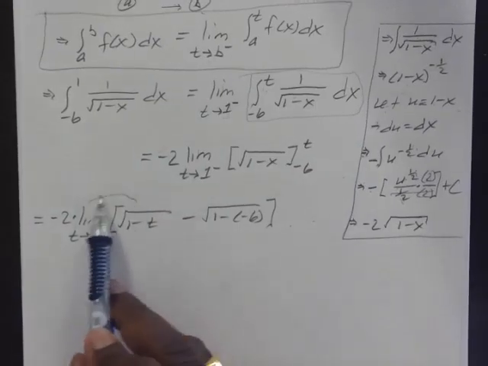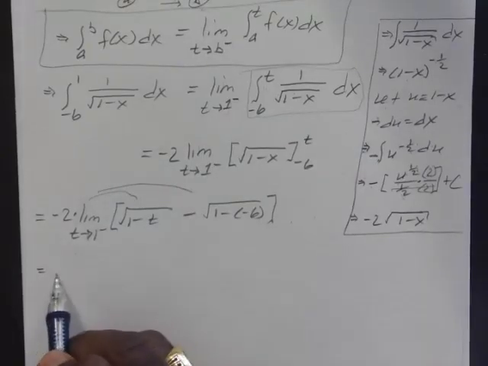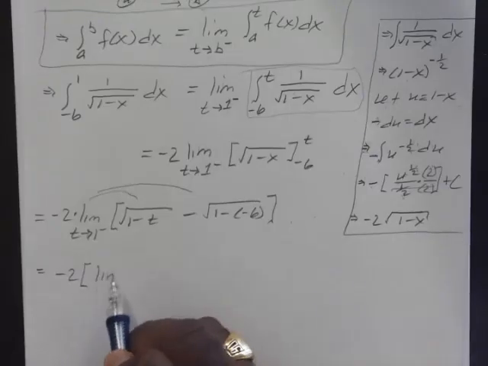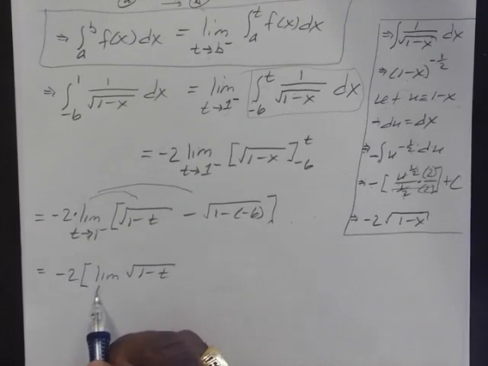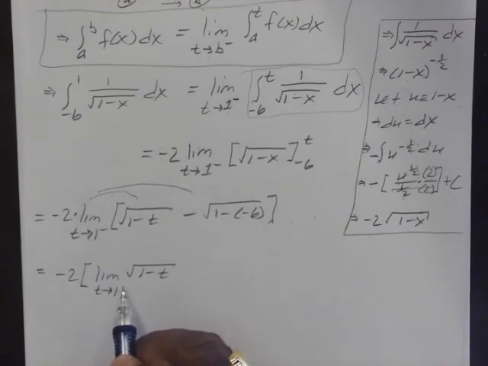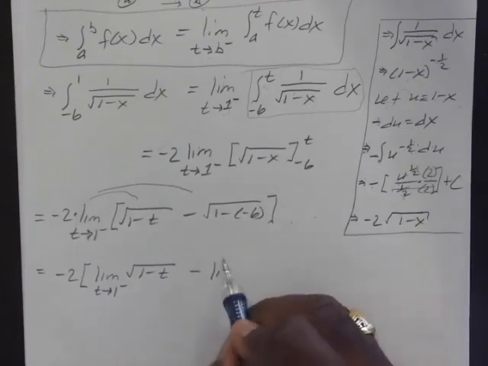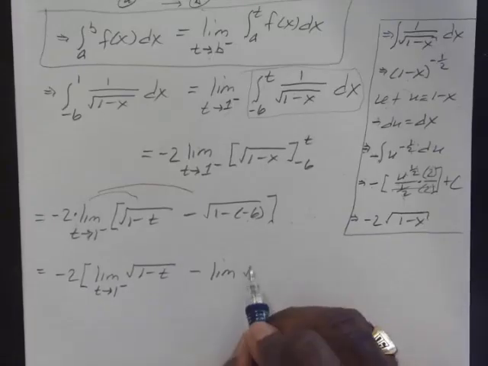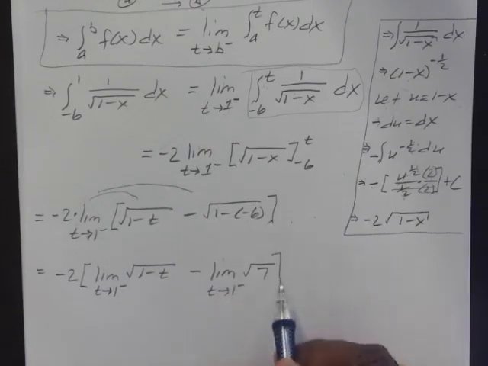Okay, so if we distribute that limit to both terms, we have -2 times the limit of the square root of 1 minus t as t approaches 1 from the left, minus the limit, square root of 1 minus -6 is just the square root of 7, as t approaches 1 from the left.